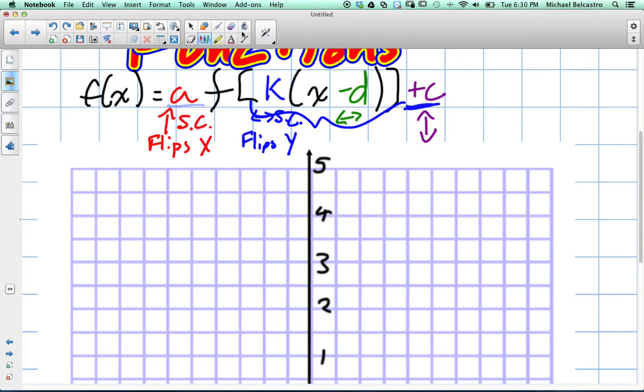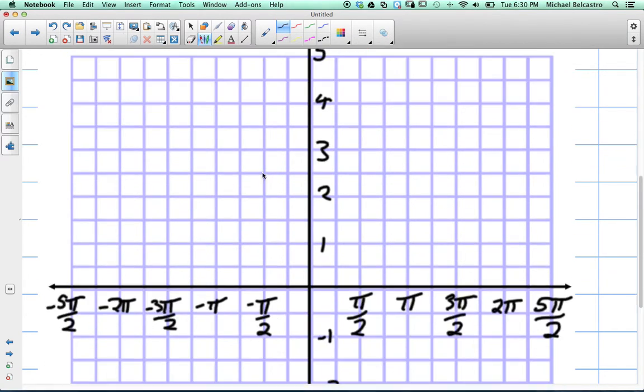Okay, so let's say we have our function, our sine wave here, our original sine wave. Our sine function here has this type of relationship, right?